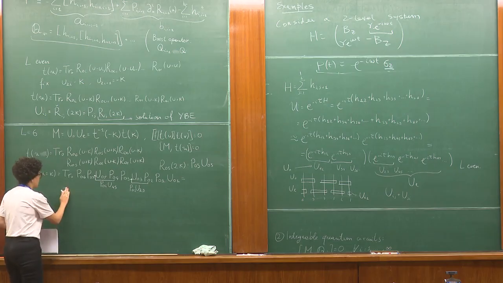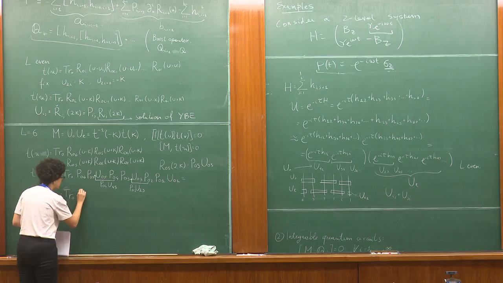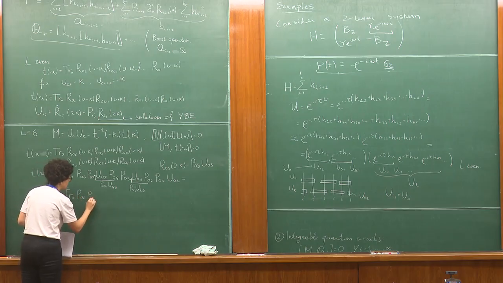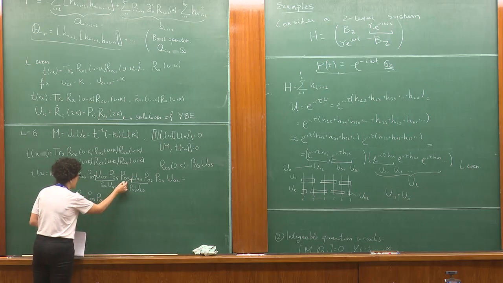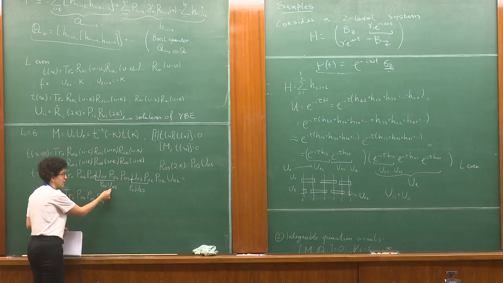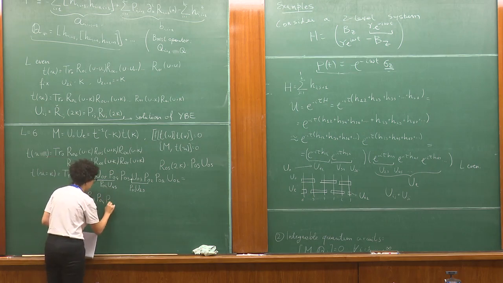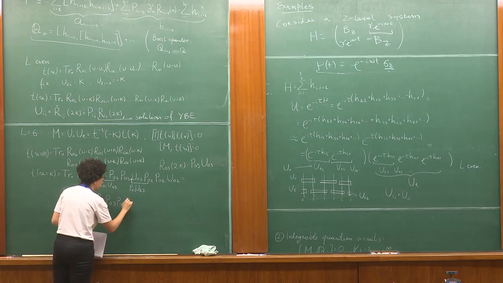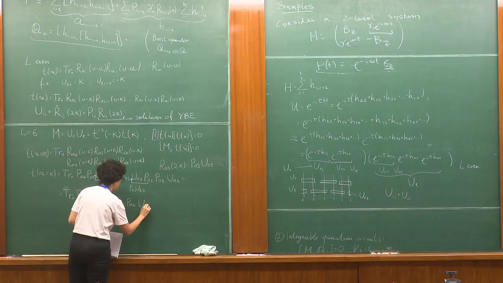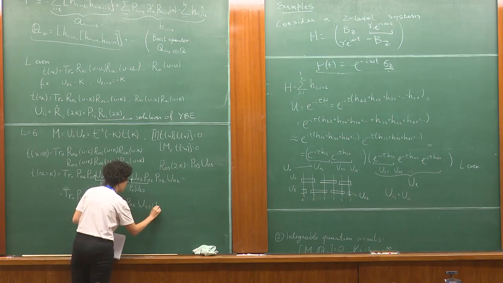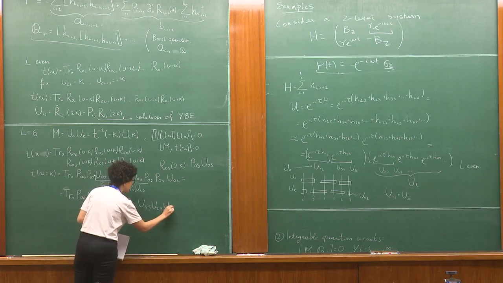So if this is okay, then this is trace over 0, P06, P05, P04. Now, P03 I can move before because it will commute. Then P02 as well. And P01 as well. And then I am left with all the U's: U45, U23, U01.